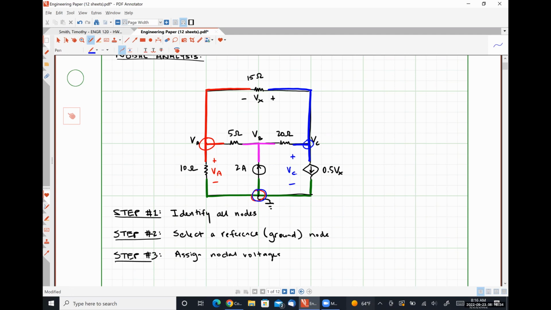And then obviously our nodal voltage VB is the voltage drop across the 2 amp independent current source in the middle, positive polarity on top, ground on bottom. Okay. So for a nodal voltage, the node at which we've defined the nodal voltage is the positive polarity terminal of the voltage. Ground is always the negative polarity terminal of that voltage. Okay.